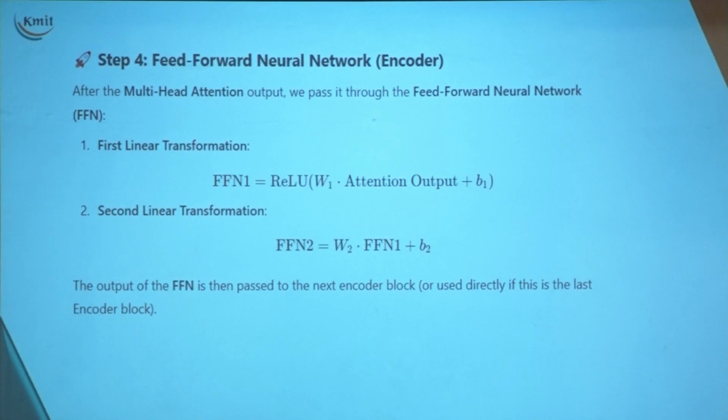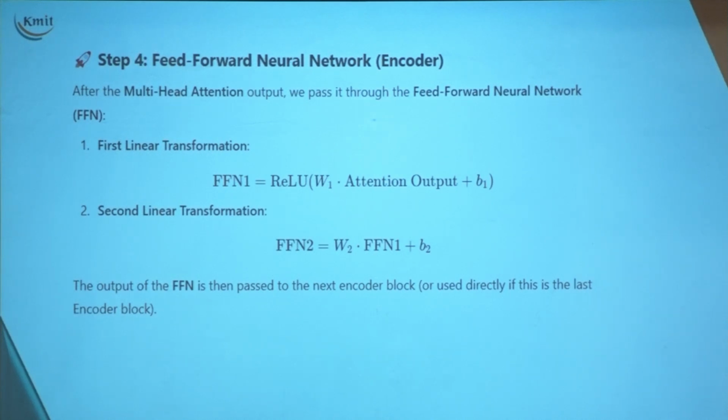Okay. Now after that, the output of multi-head attention goes to the next block, which is feed forward. So what is FFN1? ReLU of W1 into attention output plus B1. What is FFN2? W2 into FFN1 plus B2.